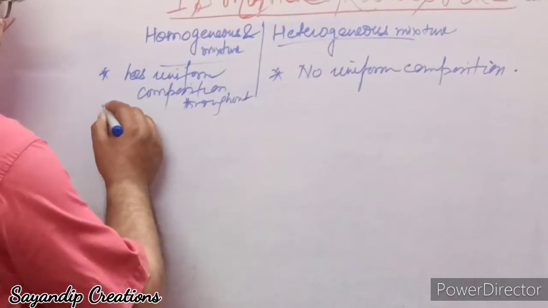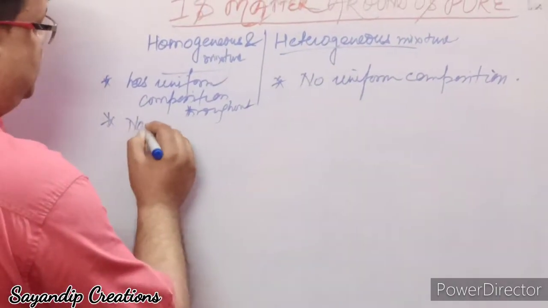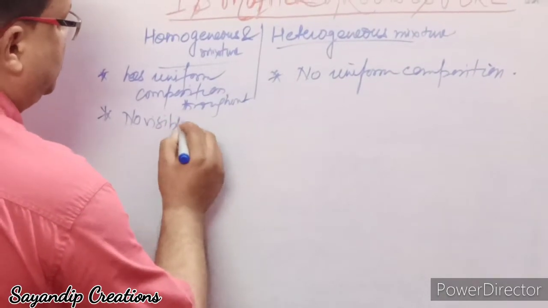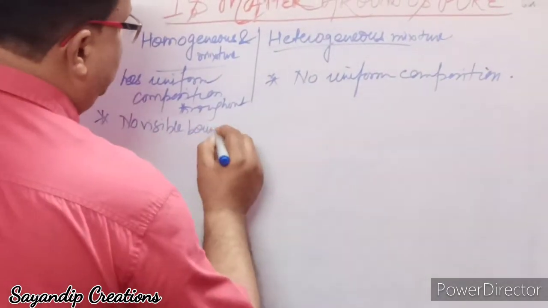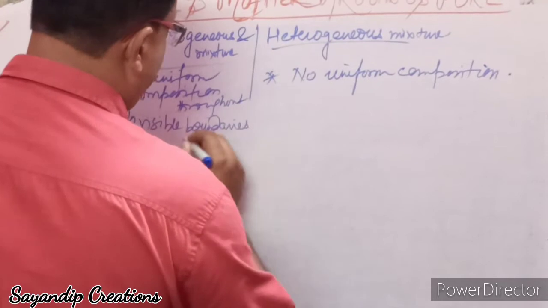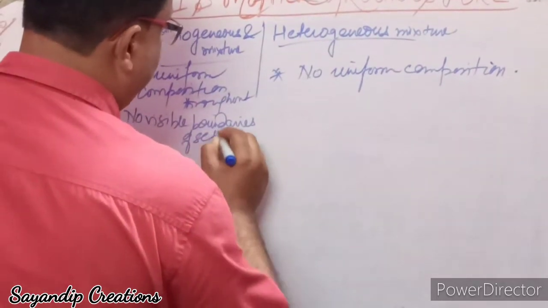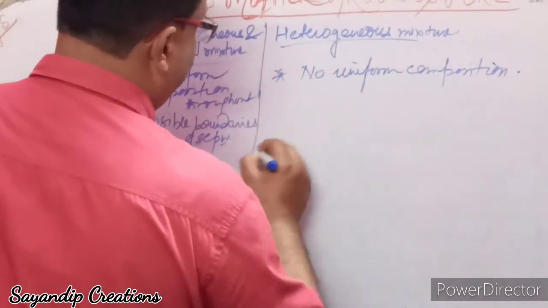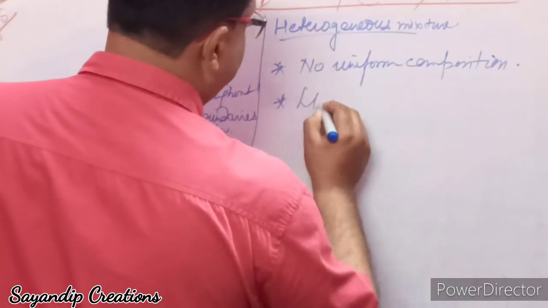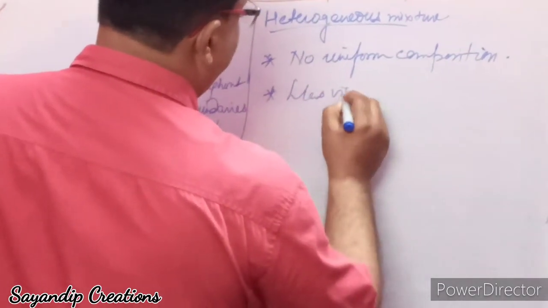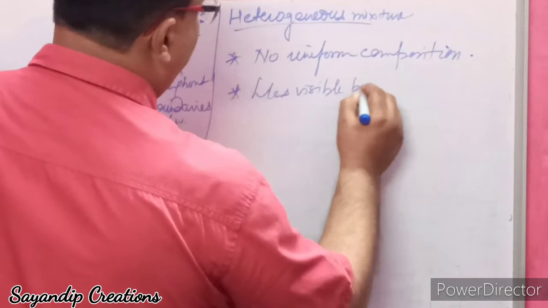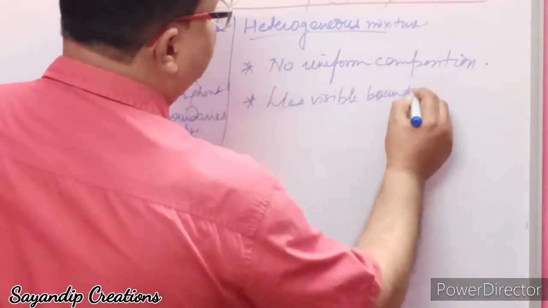Second, homogeneous has no visible boundaries of separation. Heterogeneous has visible boundaries of separation.